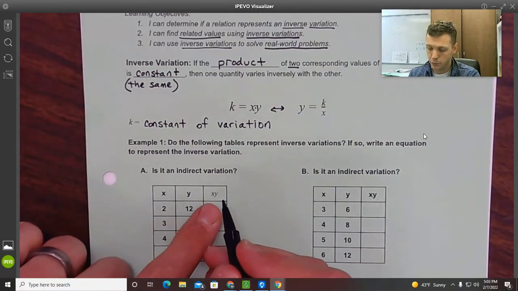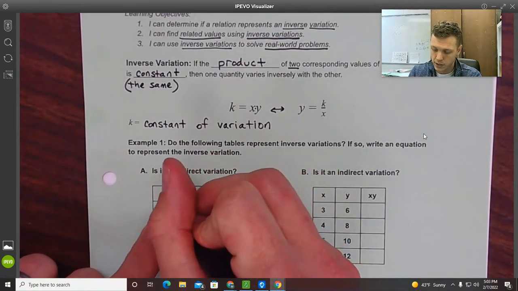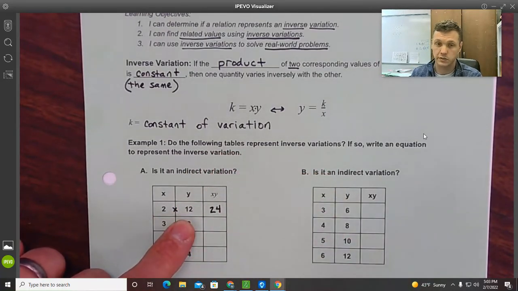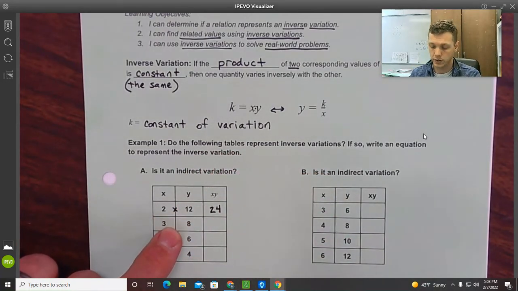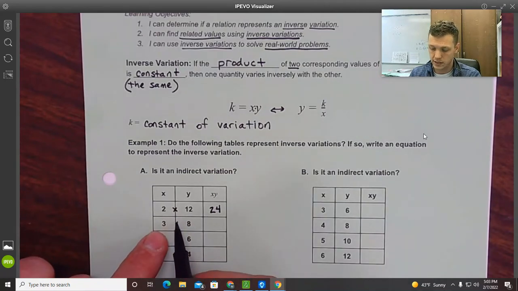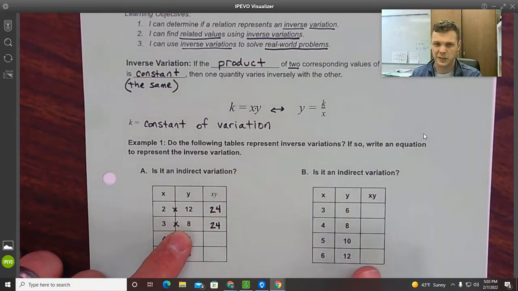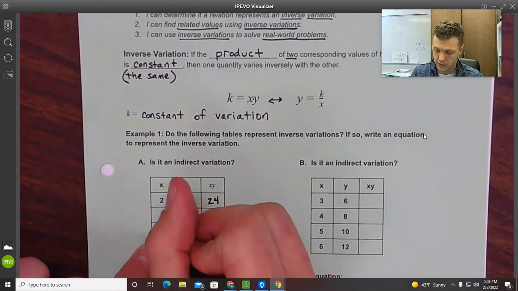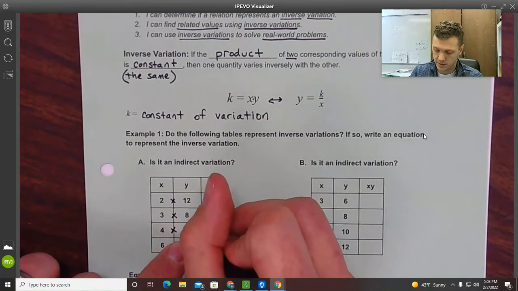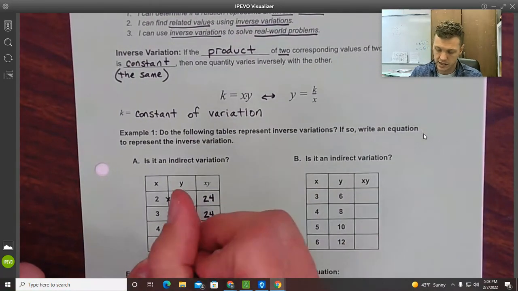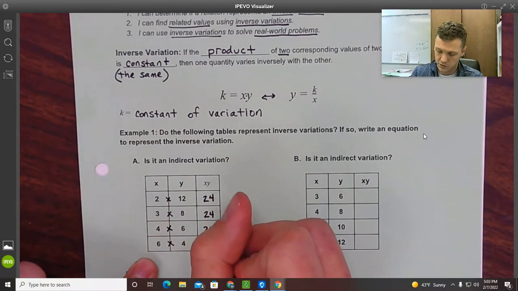So here I'm going to find 2 times 12 is 24. Here, 3 times 8 is 24. 4 times 6 is 24. And 6 times 4 is 24.